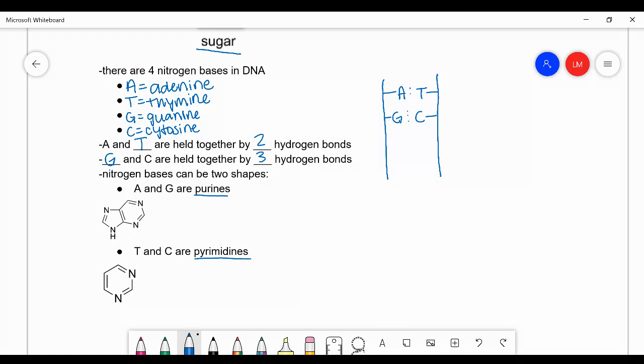And then pyrimidines just have the one. And so one of the really cool things about DNA is that the distance from here to here is going to be equal all the way up and down because every time we have a purine connected to a pyrimidine. I know that's just extra info, but I think it is one of the super cool features of DNA.